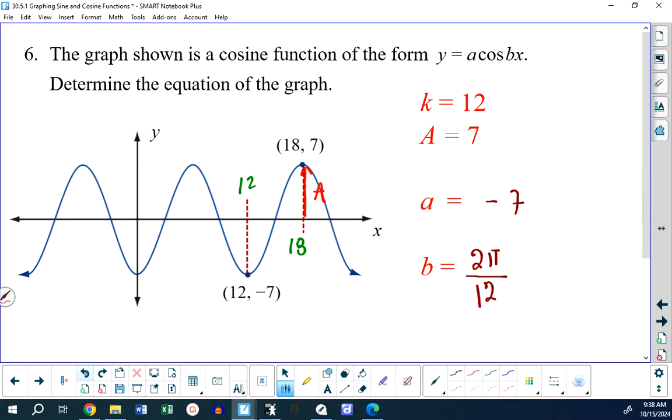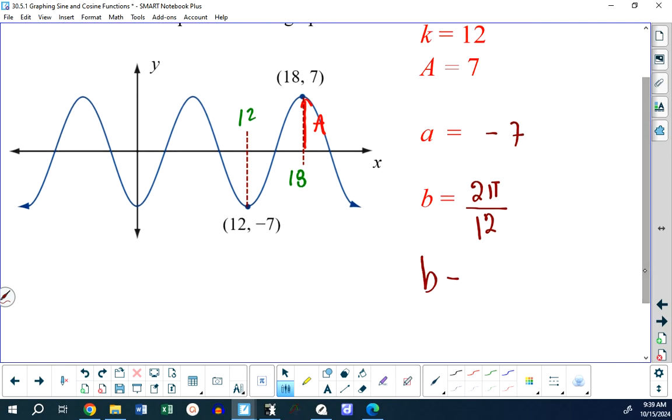B is 2 pi over the period. So you get, and this is why I'm including this example, a parameter B which actually has pi in it, because the period was not measured in multiples of pi, it was just measured in pure numbers of radians. You get a pi as part of your equation. This is the equation.